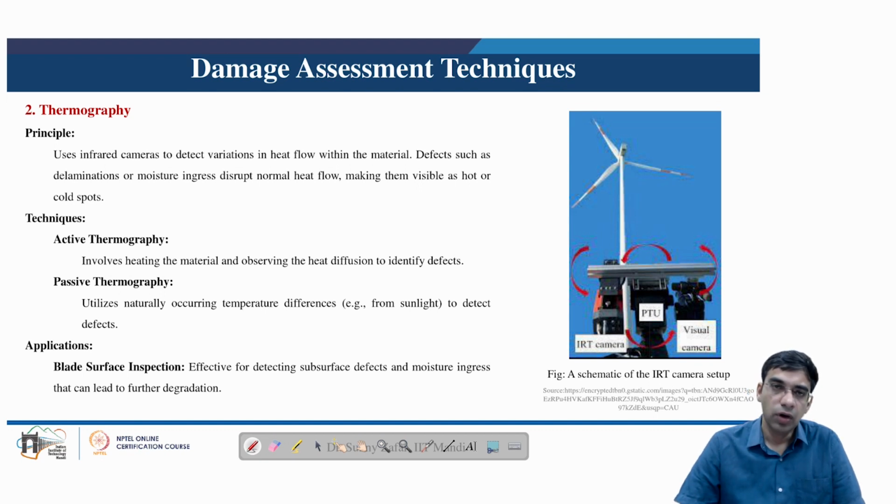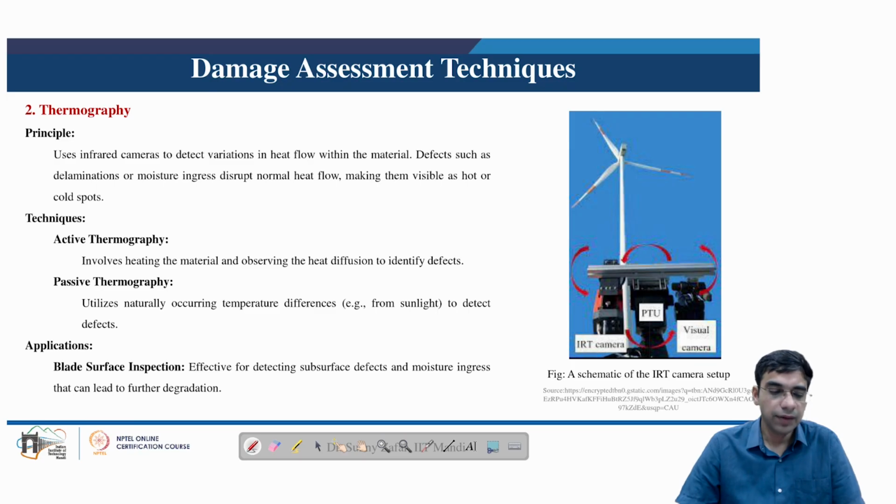In thermography, there are further two techniques which are used to do the damage assessment in wind turbines. These include active thermography and passive thermography. Active thermography involves heating the material and observing the heat diffusion to identify the defects.